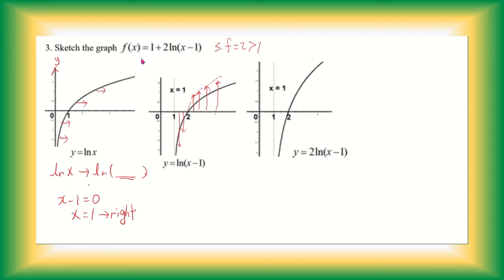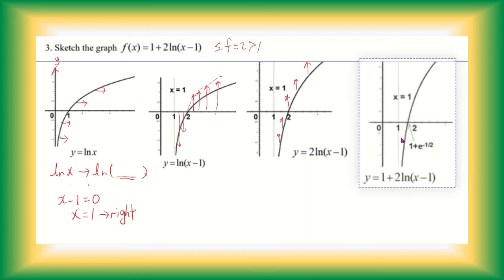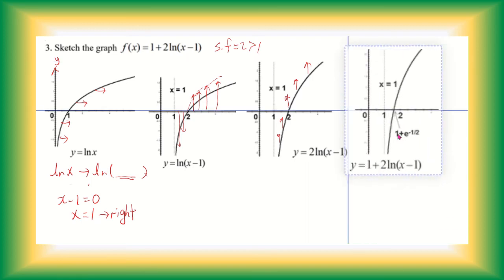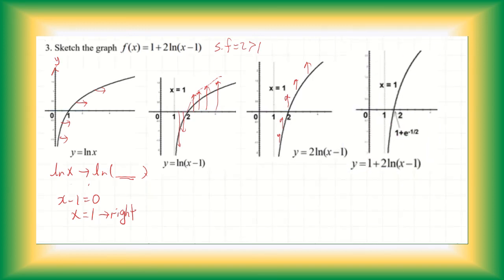If there is a negative, the translation will go down. Since there is a positive, the curve needs to be shifted upward for 1 unit. So after the curve is shifted upwards for 1 unit, the new curve looks like this.